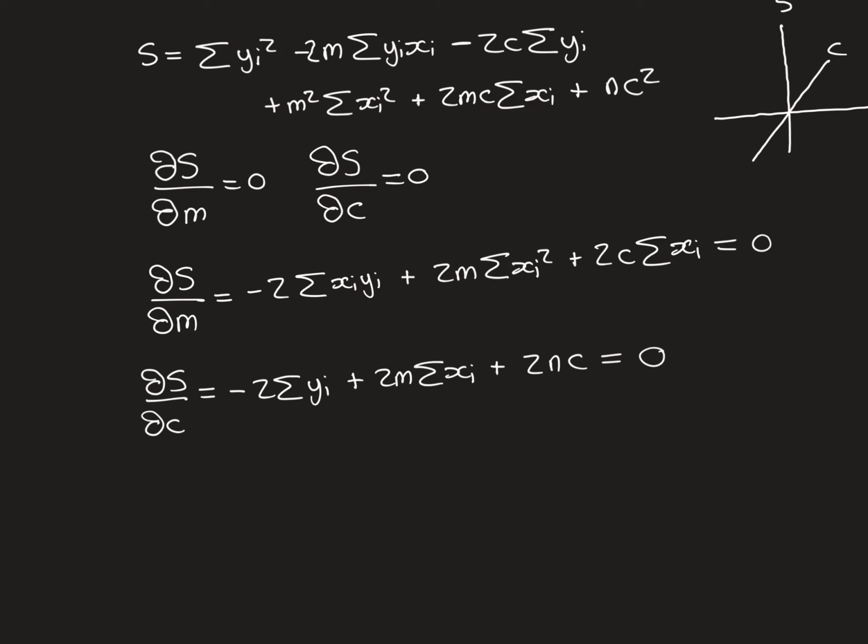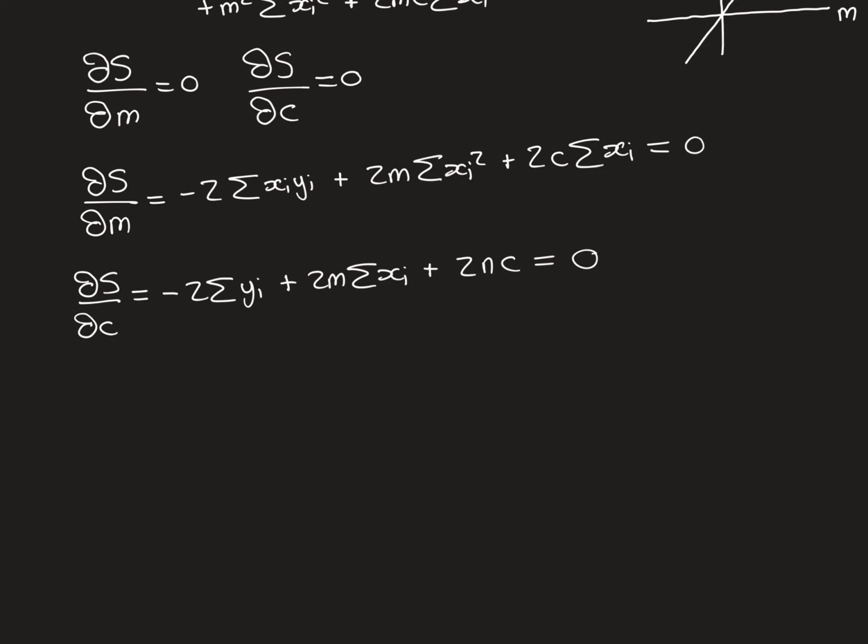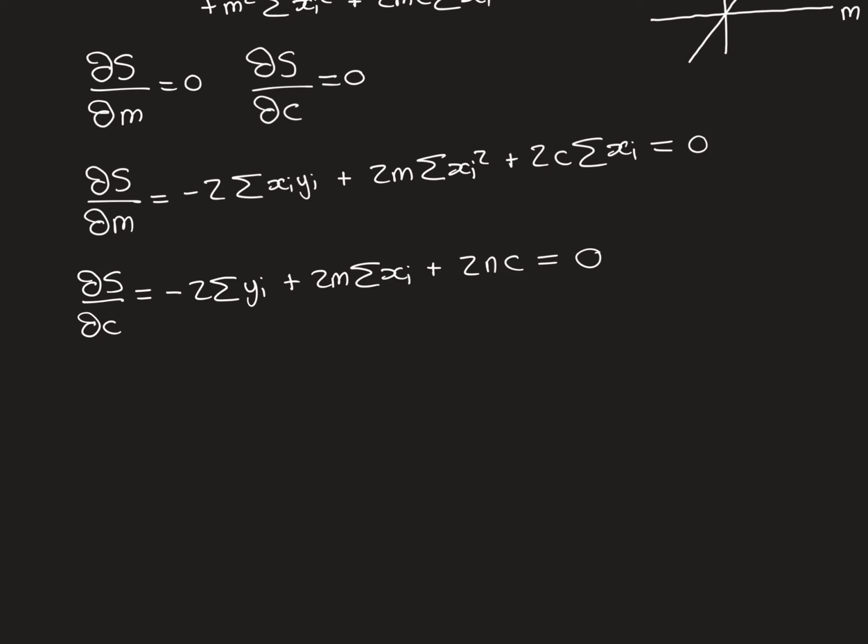So those are our partial derivatives, and we now want to find where they are both equal to 0. And this is the reason there's only one solution to this, because even though these things look hideously complicated, the hideously complicated bits are these sums, which are just constants. So actually we've got a constant here, plus 2m times a constant, so a linear term in m, plus a linear term in c, and it's the same here. We've got a constant plus a linear term in m and a linear term in c. So we've actually just got two simultaneous linear equations, two linear equations in two variables.